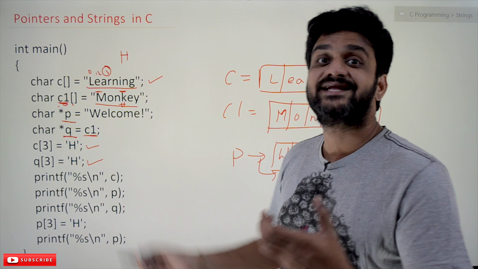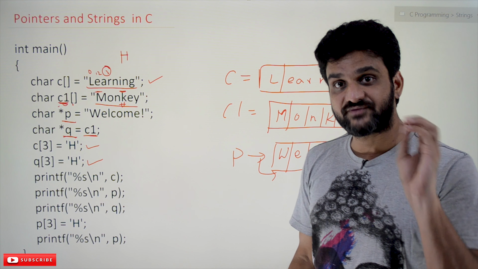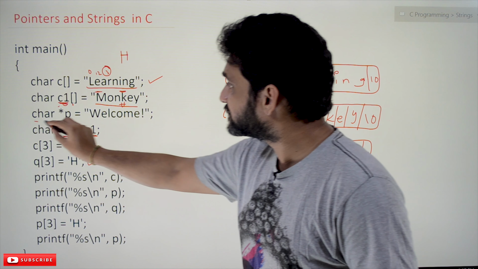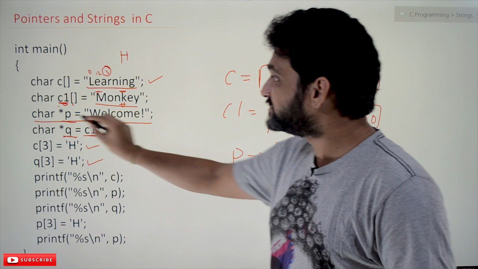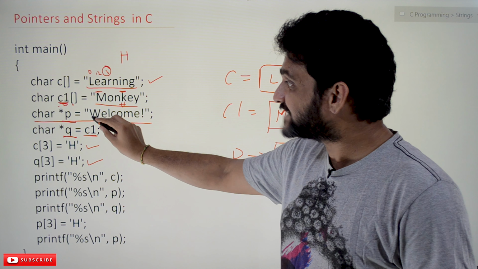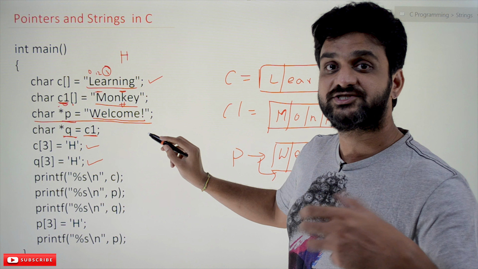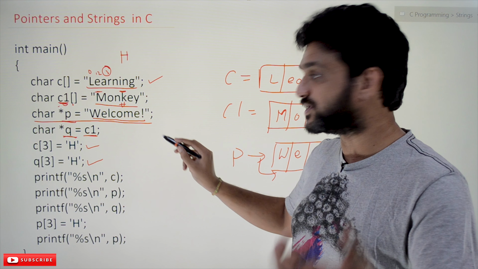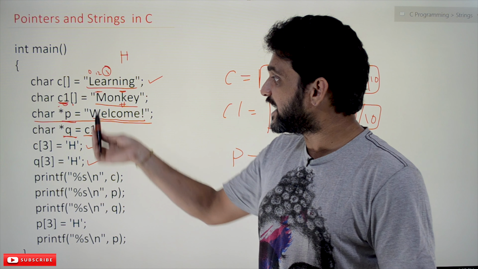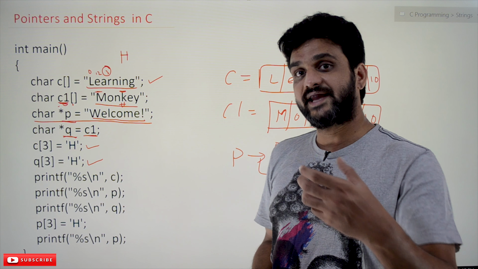Now this acts like a character array, like a string, meaning we can access and also modify the values. But if we directly assign like this, this is a string pointer which acts like a string constant. Constant means we cannot change the values in that particular string.